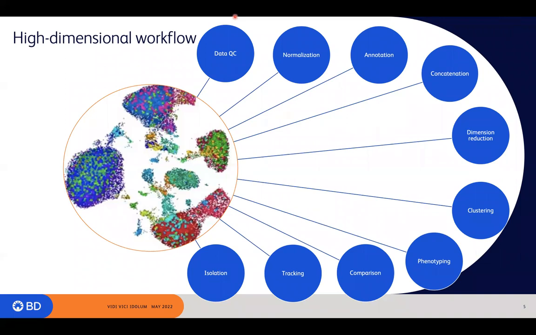And the primary reason for that is that dead cells, debris, doublets, those types of things can really strongly impact the results that you get in the end. In fact, dead cells are very nice looking populations of cells. They're bright for everything, and before you know it, you're going to have a population that you discovered that you can't actually reproduce.